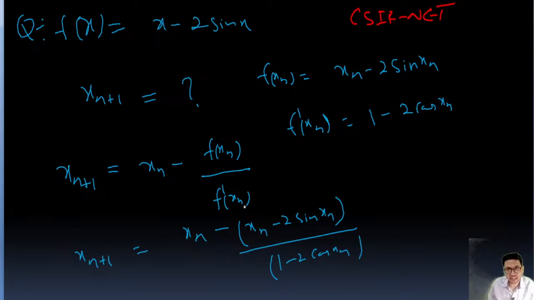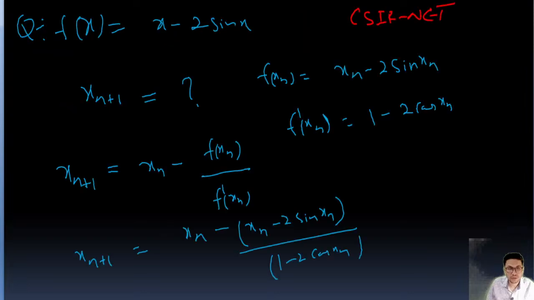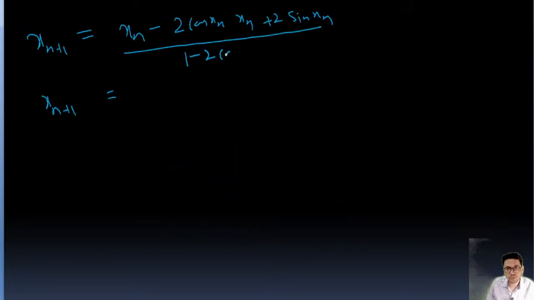And minus times minus plus 2 sine x_n, upon 1 minus 2 cos x_n, right?